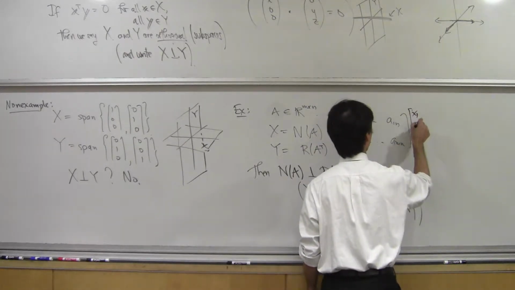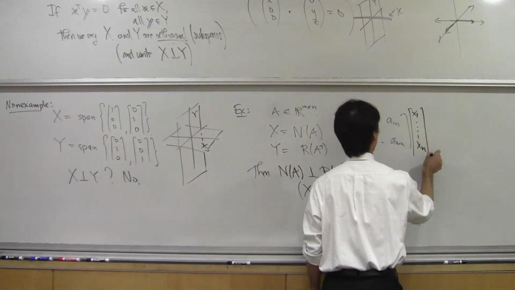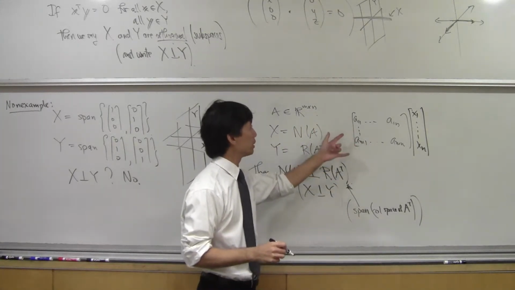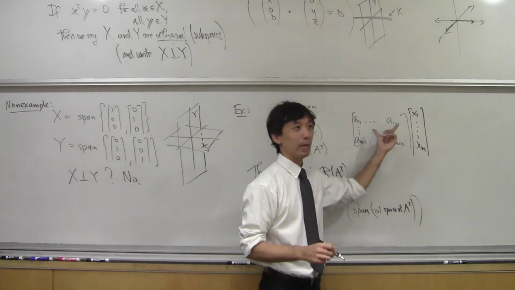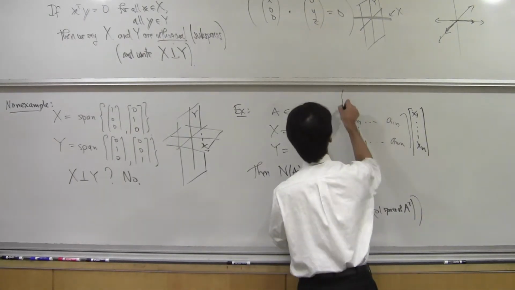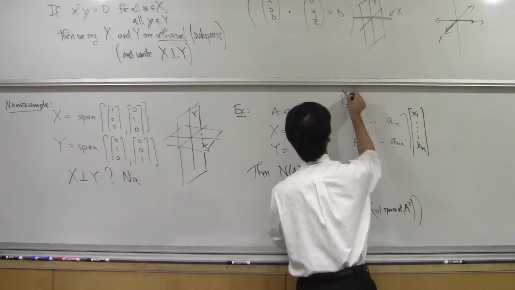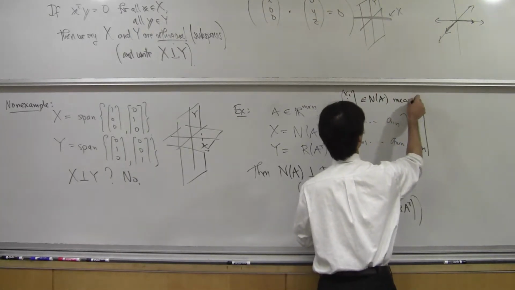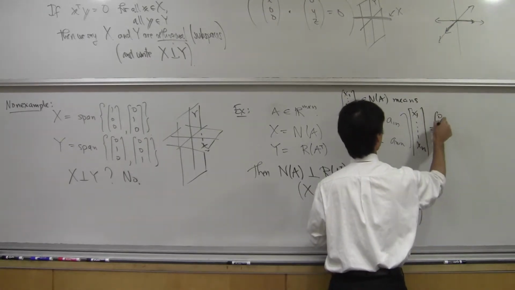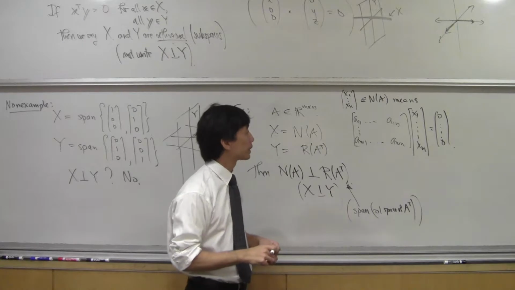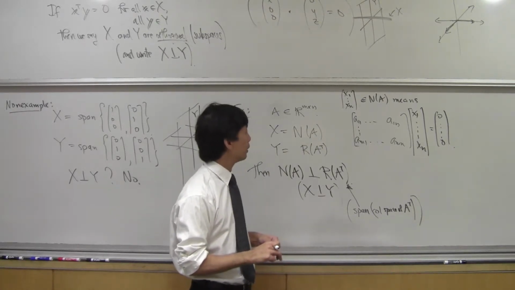If I'm thinking about the null space of A, that is everybody who gets killed when I multiply by A. So (x1, ..., xn) is in the null space of A means that A times x equals 0.